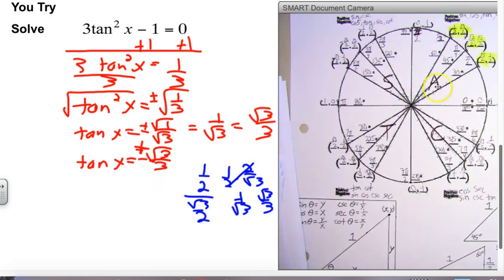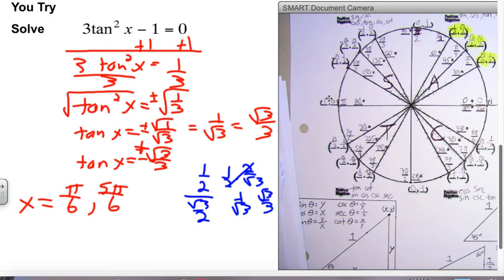And then the point over here, 5 pi over 6, that's going to give us negative square root of 3 over 3. So those two answers both work. None of the other points between 0 and pi are going to give us square root of 3 over 3 or negative square root of 3 over 3. So our answer for x is going to be pi over 6 and 5 pi over 6.